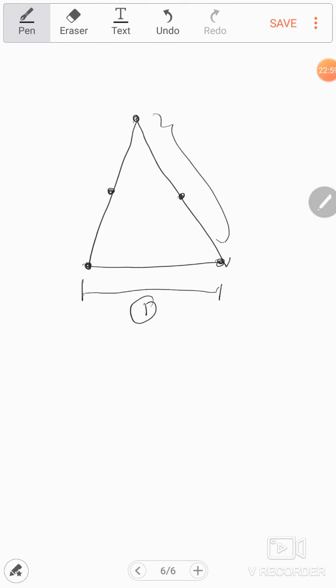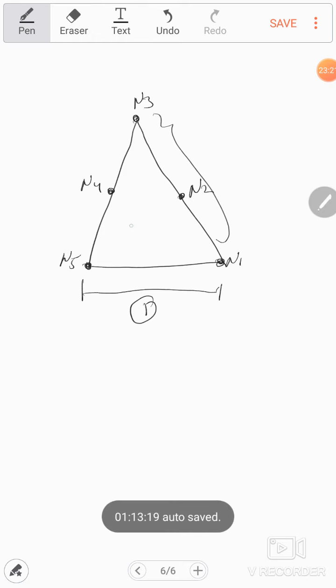Let's assume this is node number 1, this is node number 2, this is node number 3, this is node number 4, and this is node number 5. Actually this is the wrong way to number the nodes, but I am just explaining.